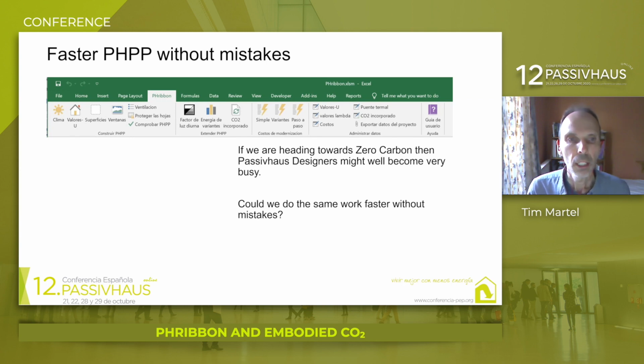So I'm just going to mention in this presentation as well one of the other features of PHribbon. There's quite a lot of features in it, but I'm going to mention one of the other features which helps enter windows.